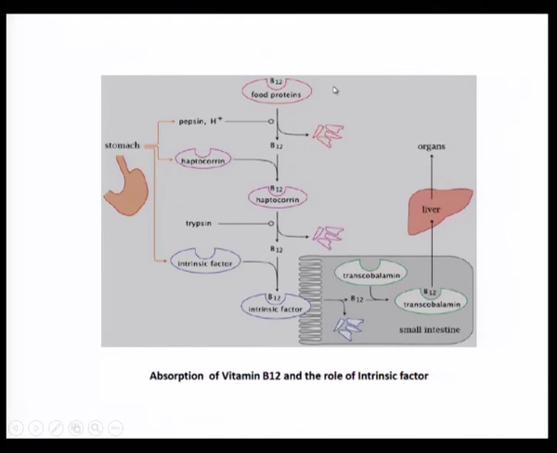Dietary enzymes in the gastrointestinal tract, pepsin and protons, in an acidic environment, degrade the extraneous components present with vitamin B12, which are removed, and now vitamin B12 is carried by haptocorrin.